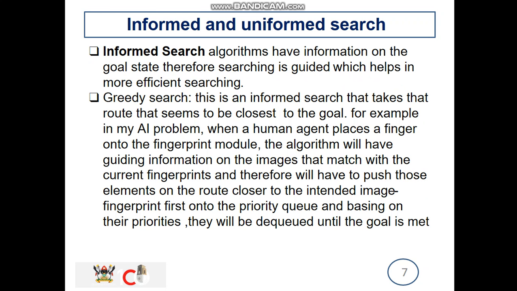For example, in my AI project, when a human agent places a finger onto the fingerprint module, the algorithm will have guiding information on the images that match the current fingerprint, and therefore will push those elements to the route closer to the intended finger image. Remember, I'm using finger images. Why?